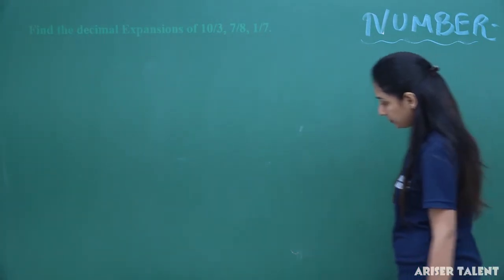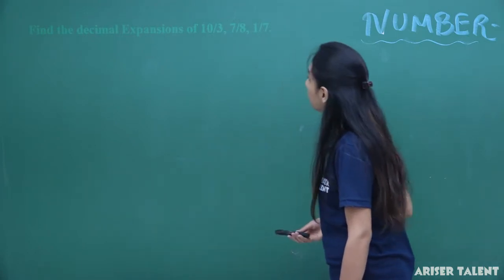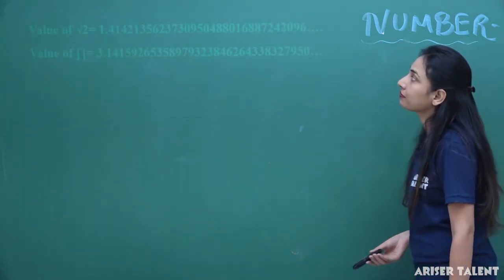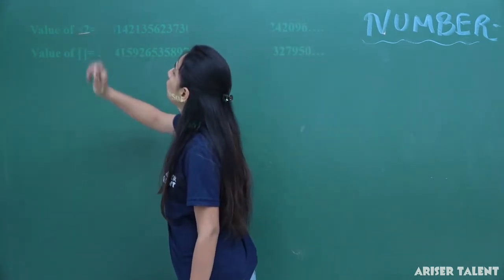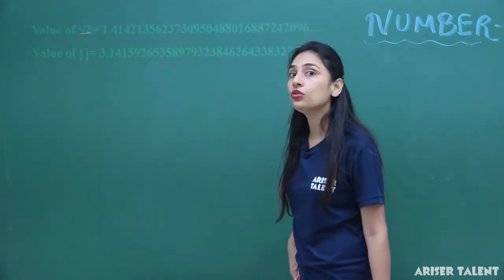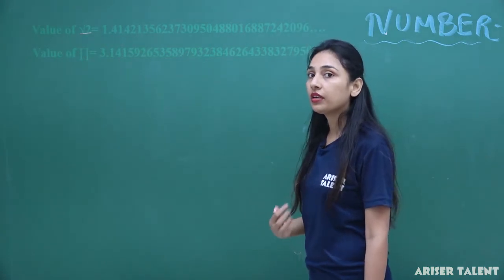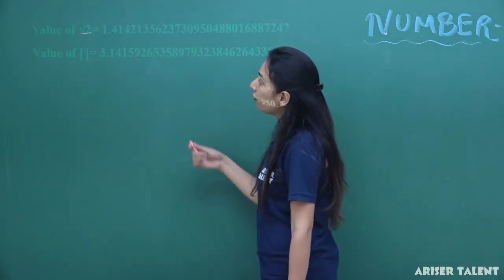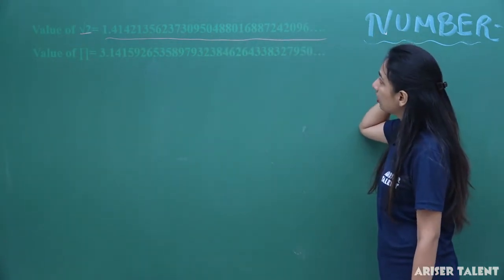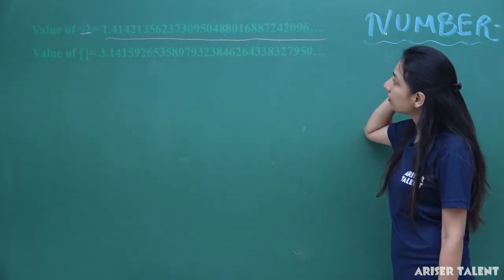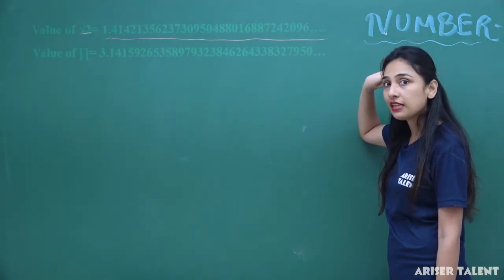Okay. Now, I have talked about the value of root 2 in our graphical representation. Now, value of root 2 is this. Do you see anything repeating itself?